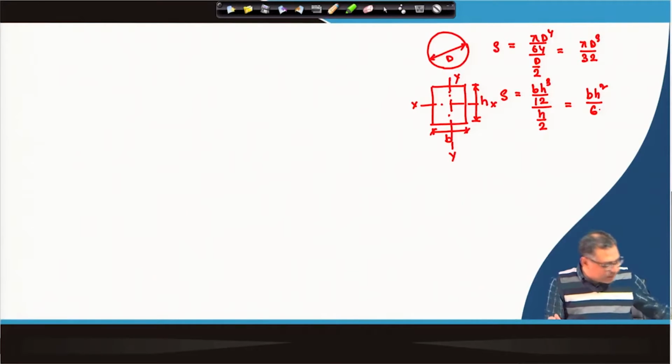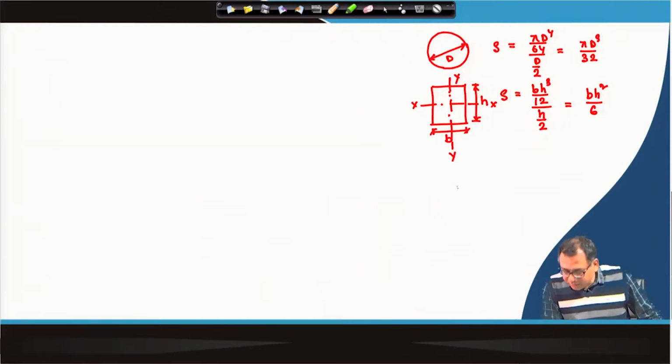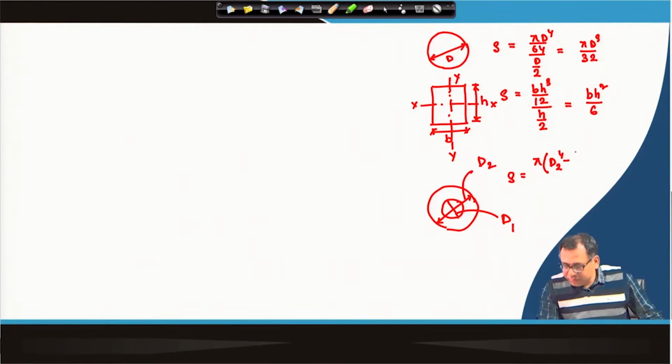Now, the last section, that is the hollow circular section. What will be the section modulus? This is d2 and the inner one is say d1. So, S will be pi times d2 to the power 4 minus d1 to the power 4 divided by 64, divided by d2 by 2.